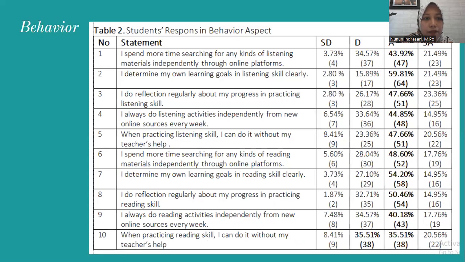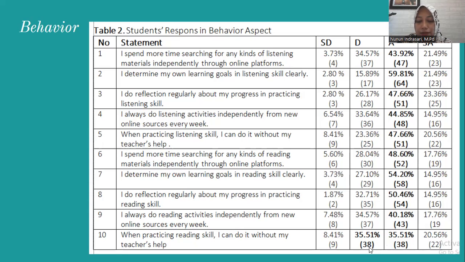And the next one is the behavior aspect, which revealed the students' behavior when doing autonomous listening and reading activities in online environment. And we can see in the table that most of the students also agreed with the statements. But in the last statement, we can see that the students who agreed and disagreed were equal.